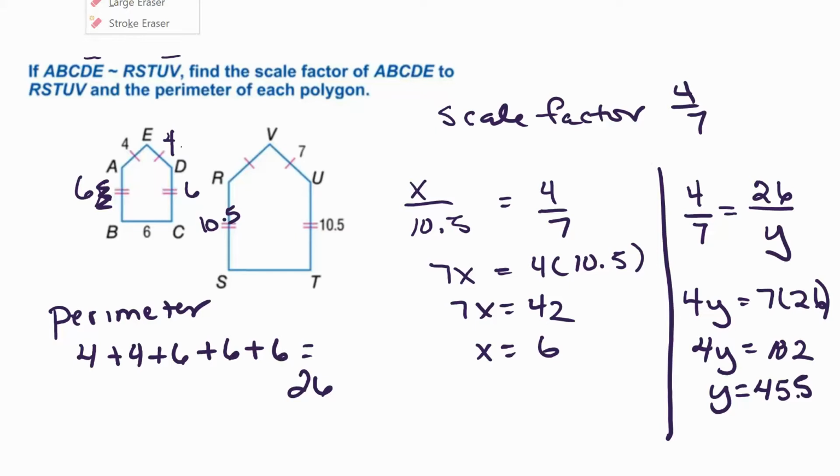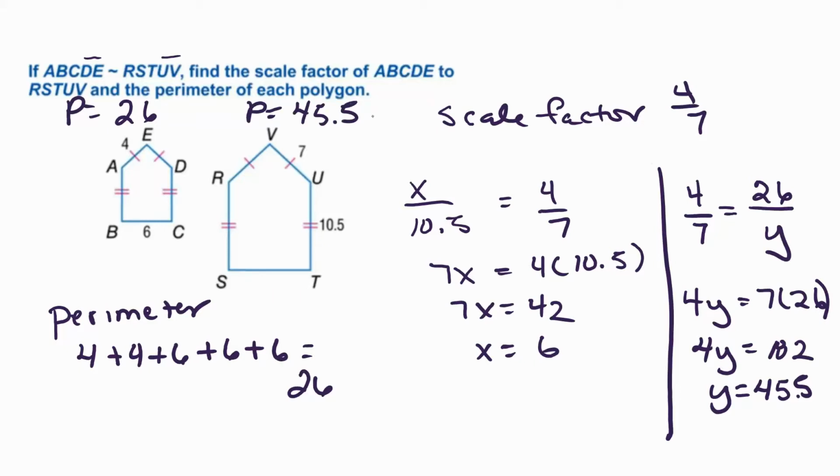So looking at this, the perimeter of the smaller one is 26. The perimeter of the larger one is 45.5.